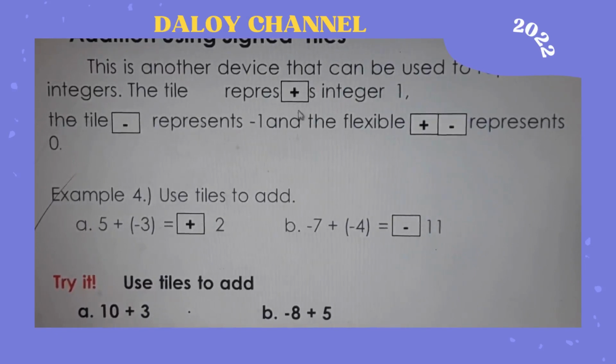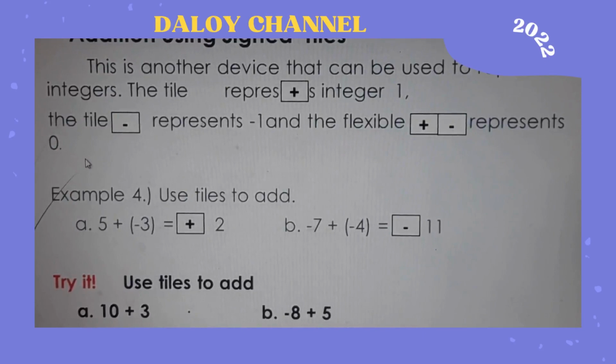The positive tile represents one unit. The negative tile represents negative 1 unit. And the flexible sign, plus minus, represents 0, meaning adding unlike signs of the same value is 0.